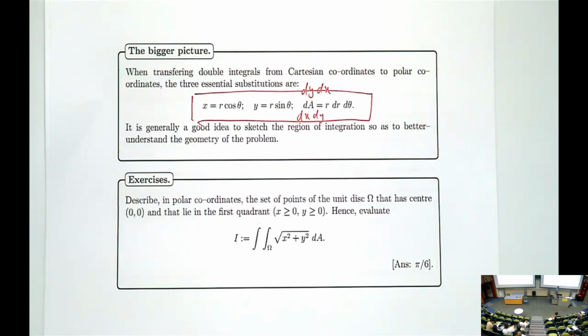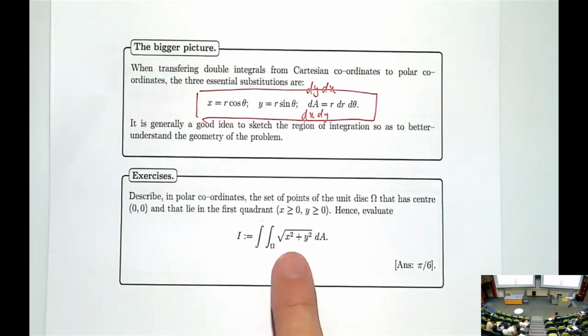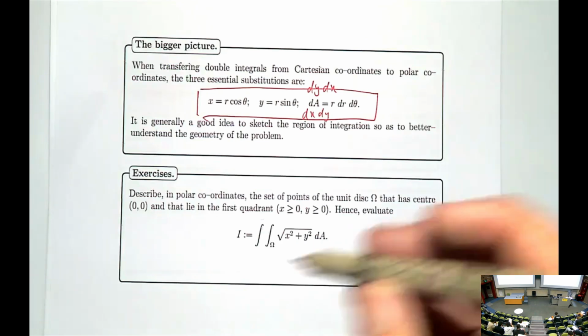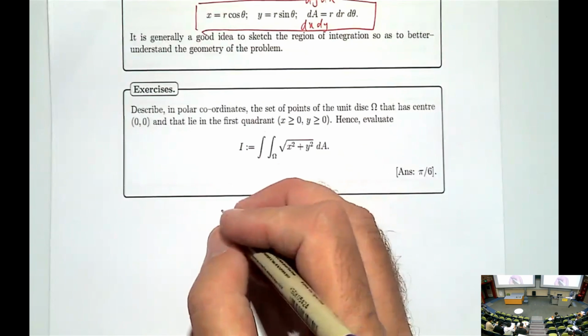Okay, let's describe the region of integration for this one. We won't do the integral, but let's just set it up. Describe in polar coordinates the set of points of the unit disk that has center 0, 0 and lies in the first quadrant. Okay, this is pretty easy, assuming you can understand the language.